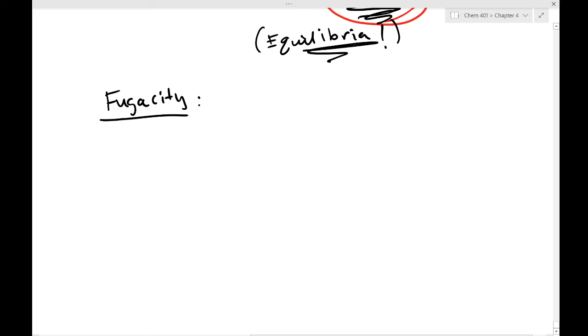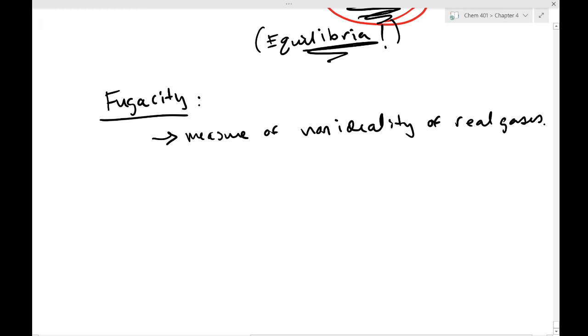Apart from being a really awesome word, I just love the way it sounds. Fugacity, fugacity. It's a cool word. Apart from being a cool word, fugacity is a measure of non-ideality of real gases.